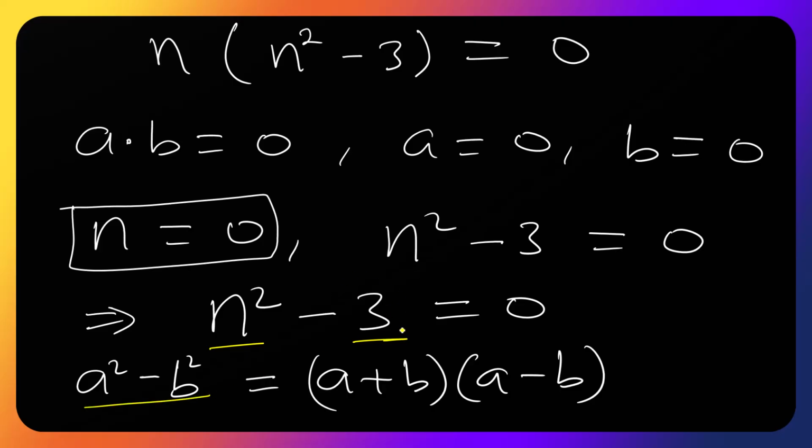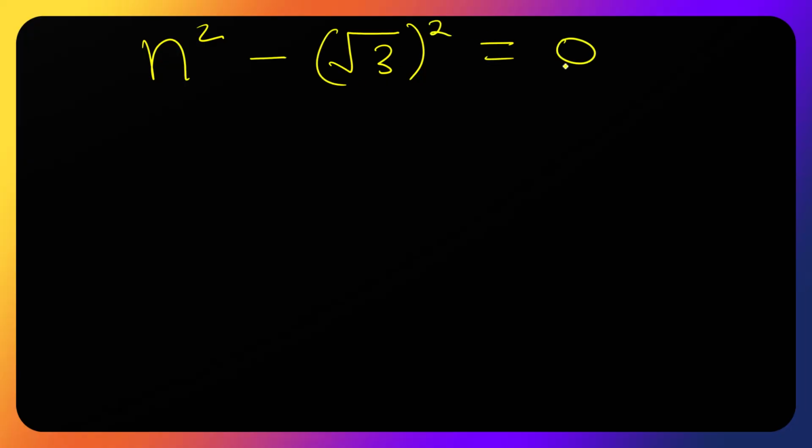How do we make the 3 here like this? I'll just create n squared minus the square root of 3 squared equals 0, because in going back the square will cancel the root, so this is the same as 3.